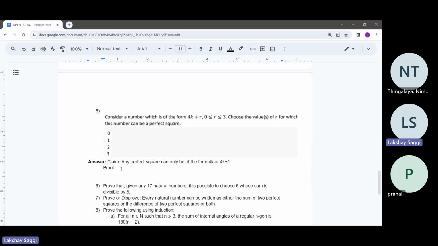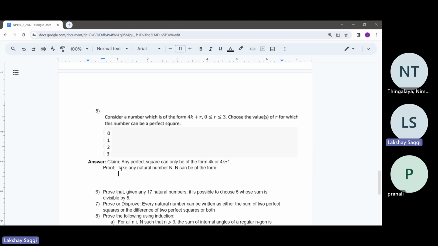So let's just prove it. It's a bit easier. Take any natural number n. I'll prove this for all natural numbers. Since n is an arbitrary number, n can be of multiple forms.